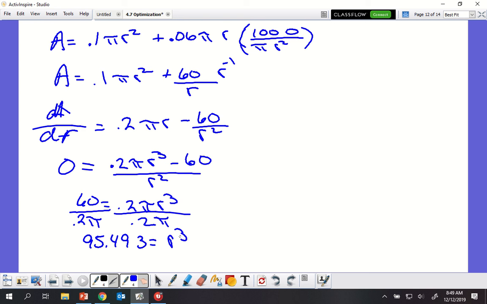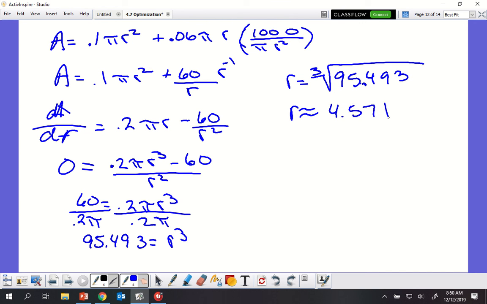And so when we take the cube root of that, that's going to be the radius of the can.